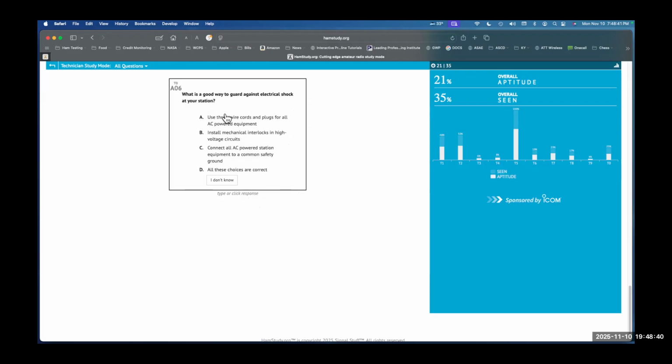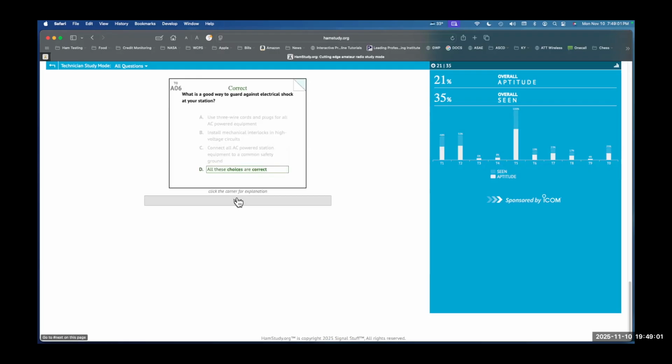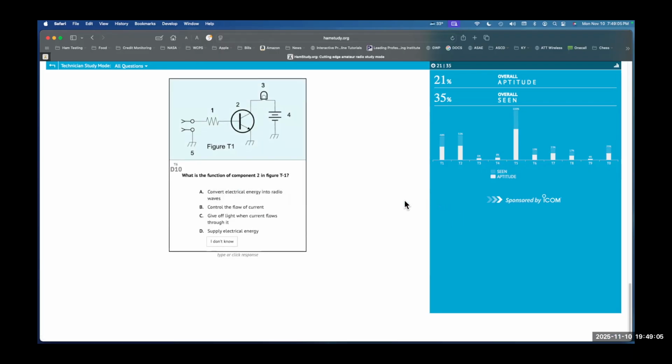Just from my basic knowledge of electrical stuff, you want to try to have cords and plugs with three wires that has a ground built into them. You do want to have some kind of interlock if you're using high voltage circuits. So I'm going to guess all these choices are correct. And so that's how I got that question.